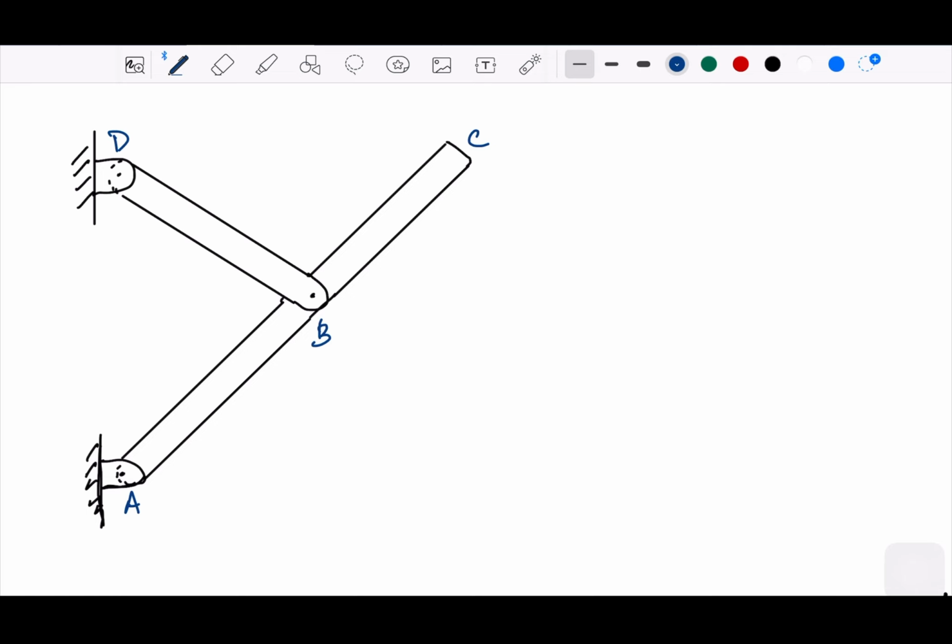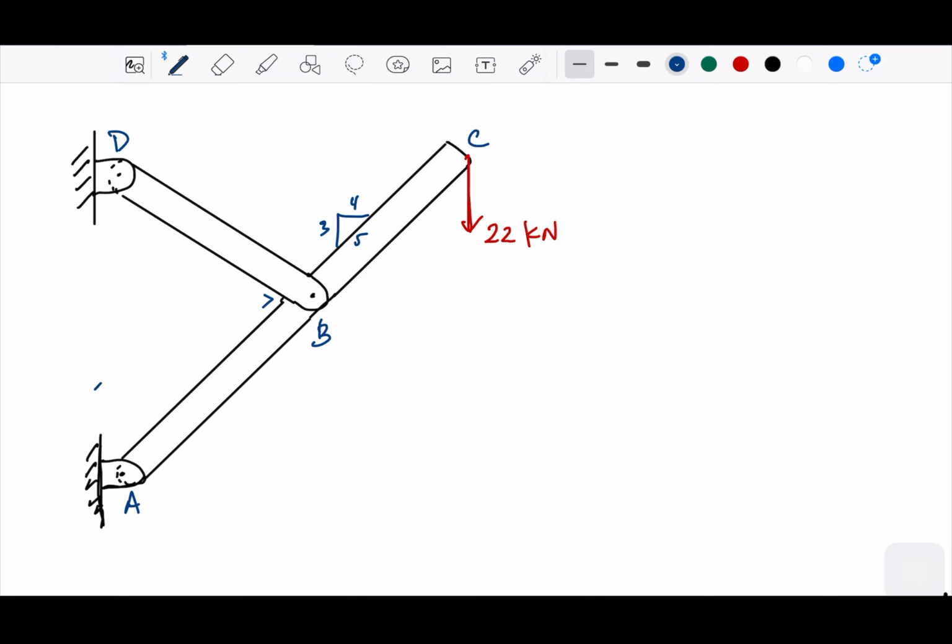It's actually 90 degrees, so forgive me if this is not 90 degrees. It is supposed to be 90 degrees. This is 3, 4, 5. There is a force on point C that is 22 kilonewton.